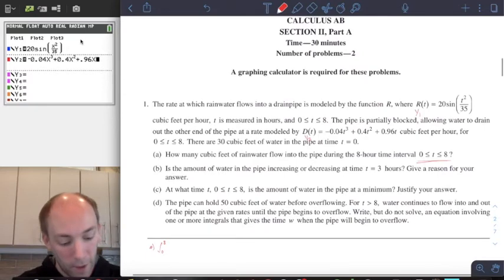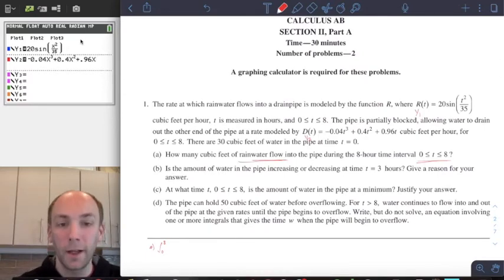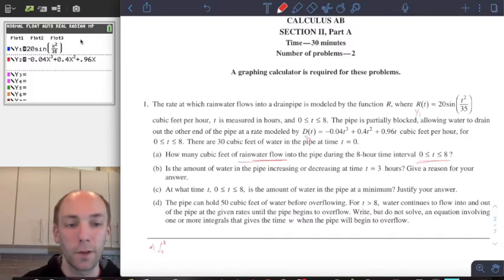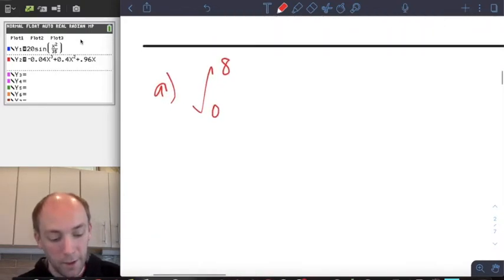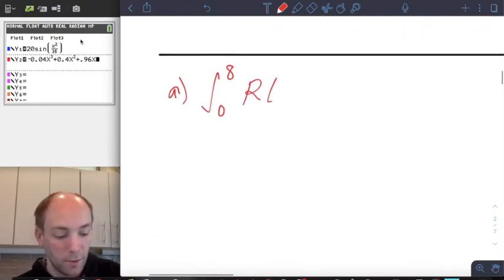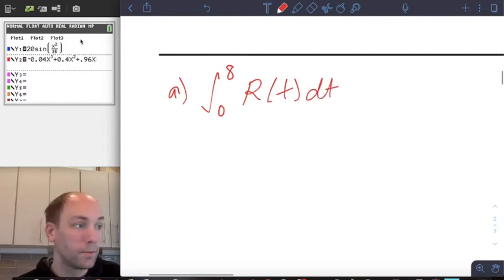It wants to know how much water flows into the drain pipe during the 8-hour time interval. The equation that represents rainwater going into the pipe is r of t. So I'm going to take the integral from 0 to 8 of r of t dt. That's all we have to do for part A.